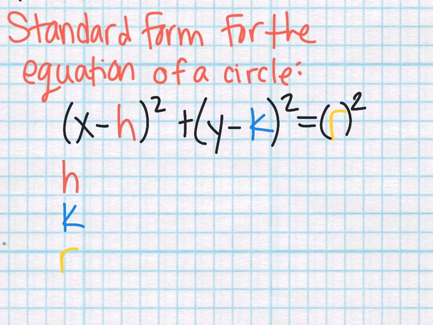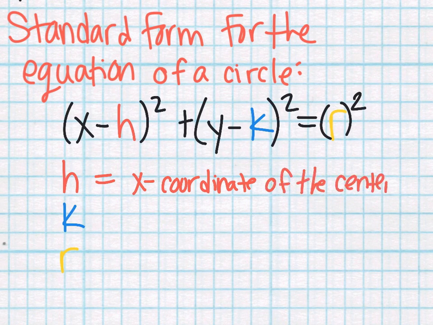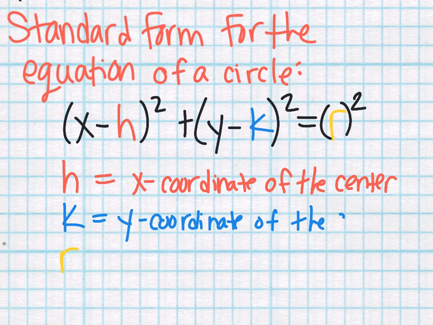H is the x-coordinate of the center. K is the y-coordinate of the center. R is the length of the radius.